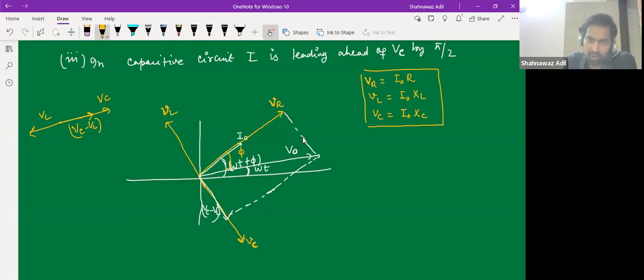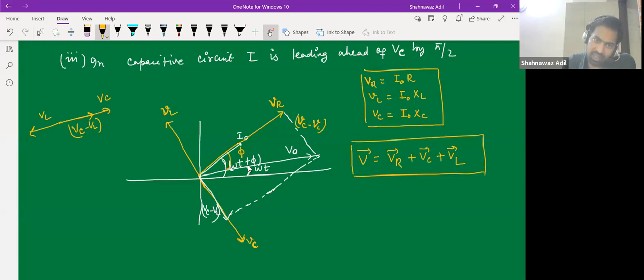This is VC minus VL, I'm writing the magnitudes, and this is my VR. So my vector V would be VR plus VC plus VL.